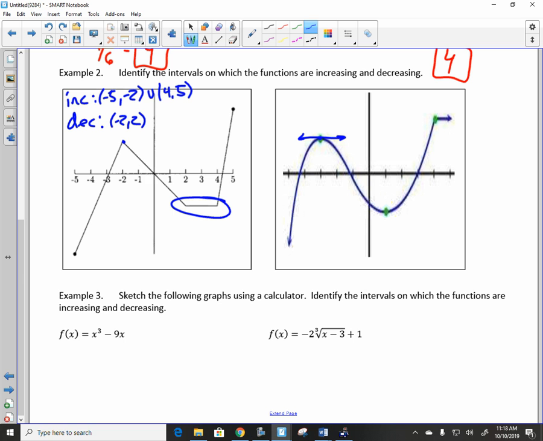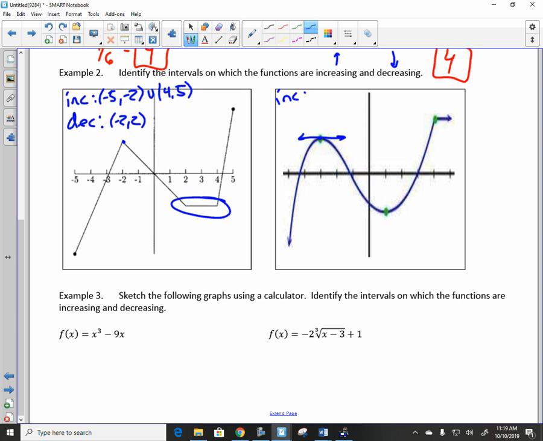I'm trying to think of how to phrase that, but I would say no. We simply just leave it off of the list. We would say that's neither increasing nor decreasing. Increasing if it's on its way up, decreasing is when it's on its way down. Neither one is happening at those locations. So we remove it, we don't use brackets.